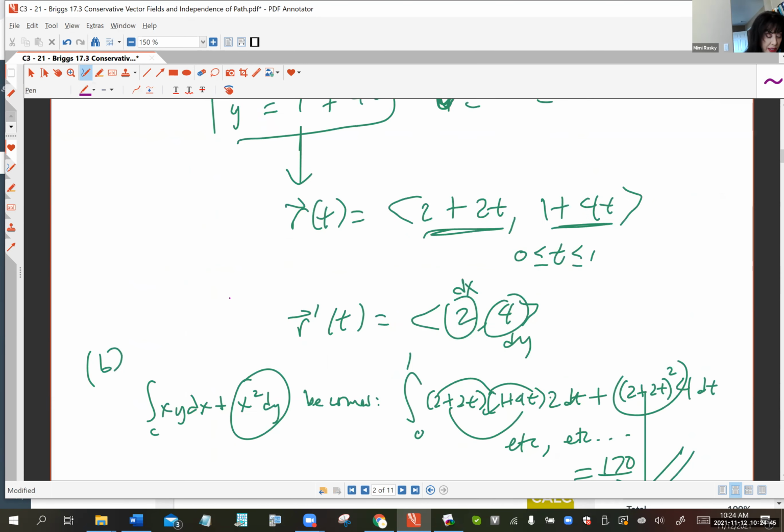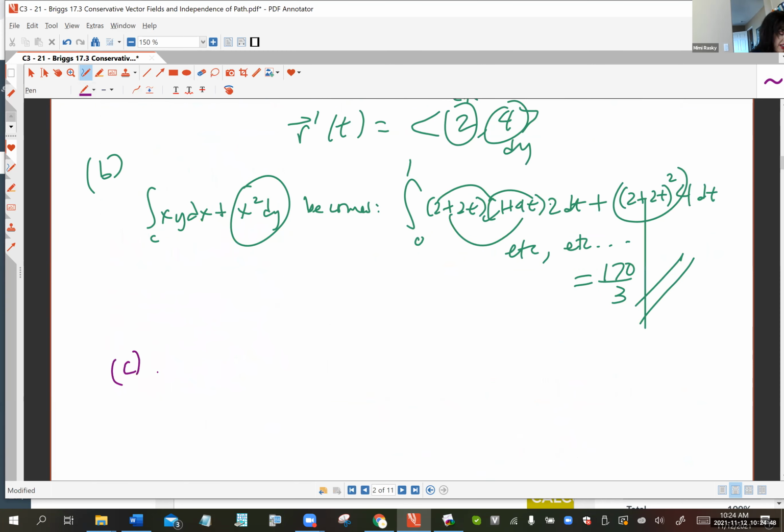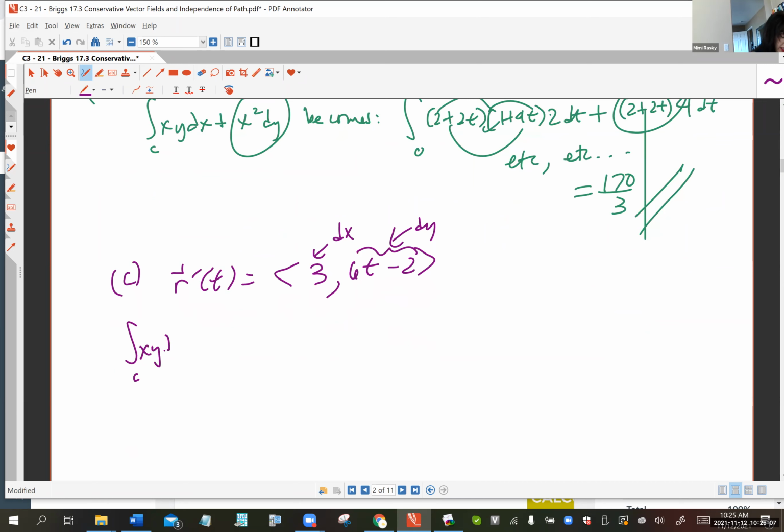So if we're going to do this line integral, since they gave us the vector valued function, the R prime rather, is simply going to be what, 3 and then 6t minus 2. So remember, this is the dx, and this whole thing right here is the dy. So this line integral, xy dx plus x squared dy, becomes the regular integral going from 1 to 5/3, x times y.